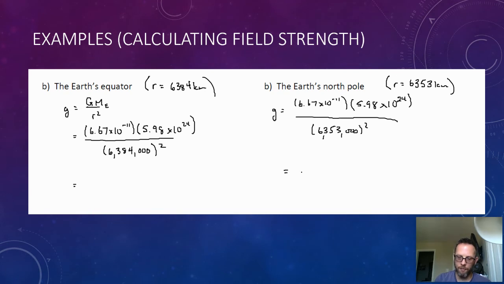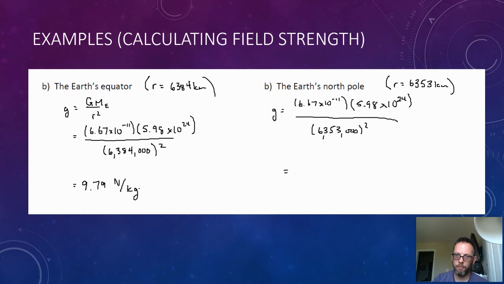Are we justified in just using 9.8 all the time? Well, let's see. 5.98 times 10 to the 24 divided by 6,384,000 squared. I got 9.79 newtons per kilogram. So yeah, 9.8 seems pretty good.